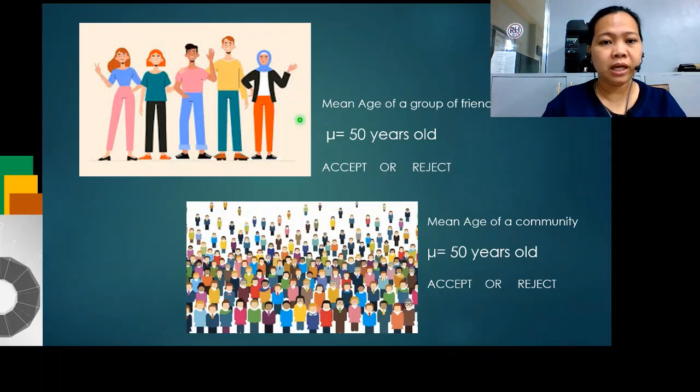So, a group of 5 friends can directly reject the assumption that the mean age is 50 years old, but for a particular community with a large population size, you cannot directly say to accept or reject the assumption, right? So this is the reason why we do our testing.